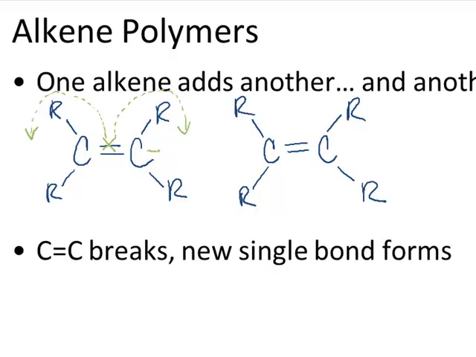So from this, we start to form a new bond. It's only half of the bond though. This is why we need two molecules. On the adjacent alkene, we'll also break the double bond, and right away you can see where this is going. The electrons split apart and we get a new bond forming on the other side. And so these two bonds come together. This is where our new single bond forms.